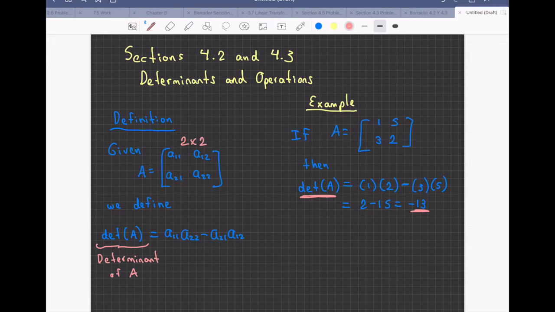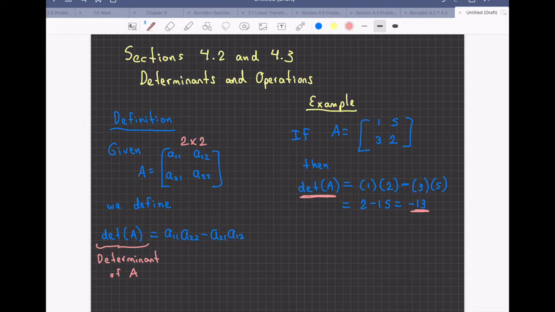So first we start with a matrix of size 2 by 2, and then, so that you can get used to how to compute the determinant, I'm going to define how to compute it for a matrix of size 3 by 3. I'm going to be using the definition to compute the determinants.